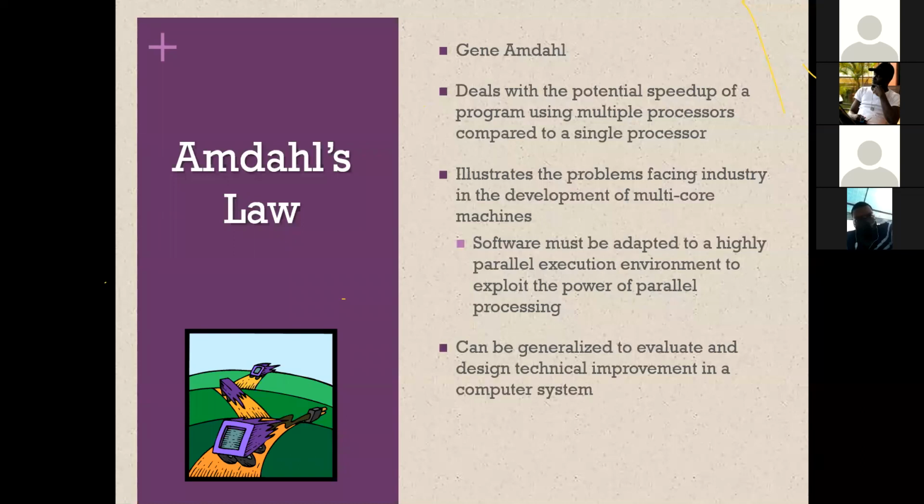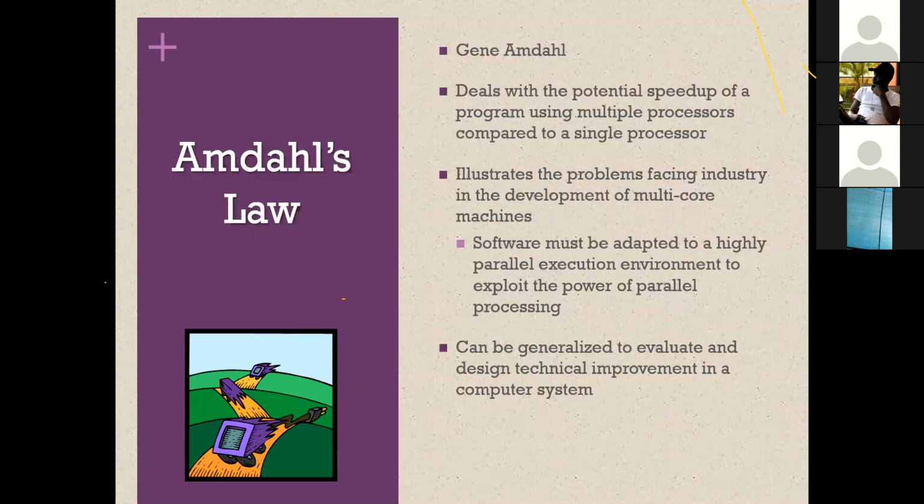So that is the essence of this law that we are looking at, or principle. So Amdahl's law was first proposed by Gene Amdahl in 1967, and it deals with the potential speed up of a program using multiple processors compared to a single processor. Nevertheless, Amdahl's law illustrates the problems facing industry in the development of multi-core machines with an ever-growing number of cores.